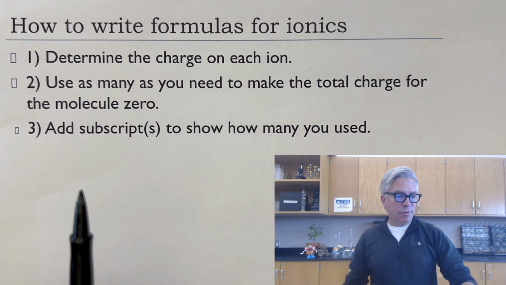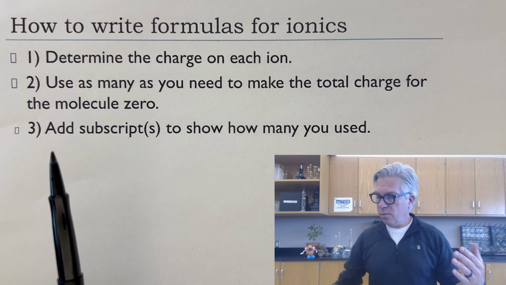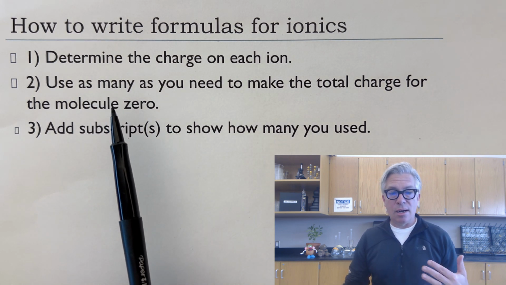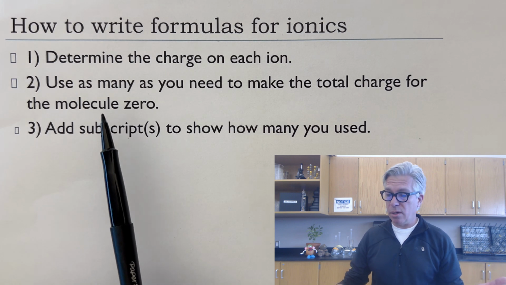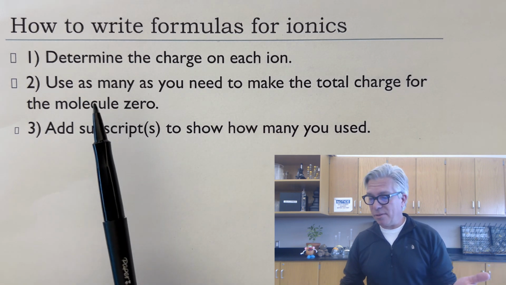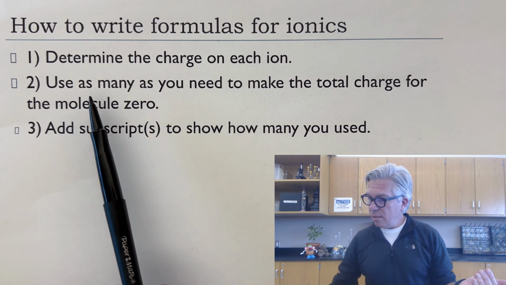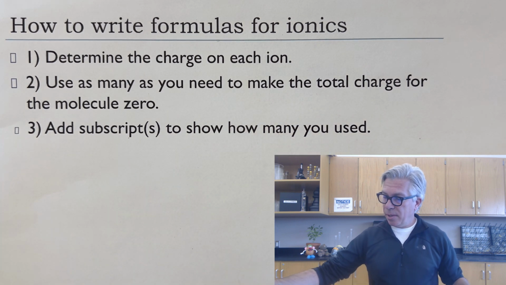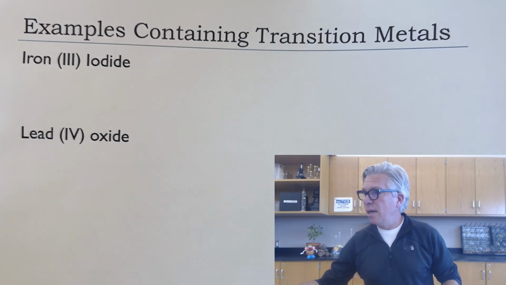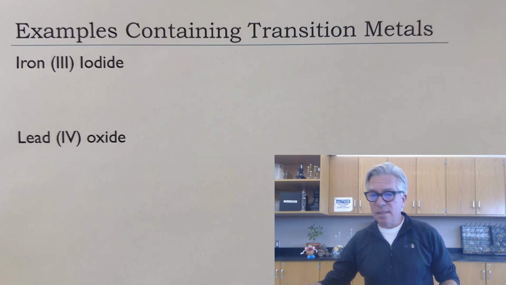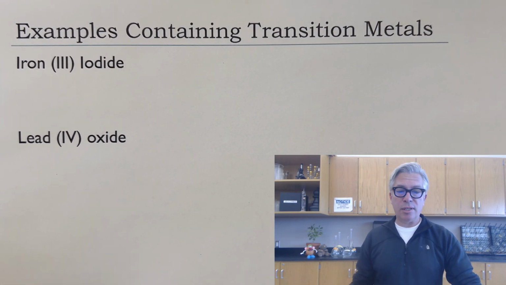Okay, and just a reminder of what we did last video and what we're doing again. To write the formulas for ionic compounds, what you want to do is determine the charge on each ion. Those transition elements have more than one charge, so we have to figure out which one we have. Hopefully, thankfully, it's easy. Use as many as you need to make the total charge for the molecule 0, and add subscripts to show how many you used. All right, so if something has more than one possible charge, how do we decide which charge we are actually using?